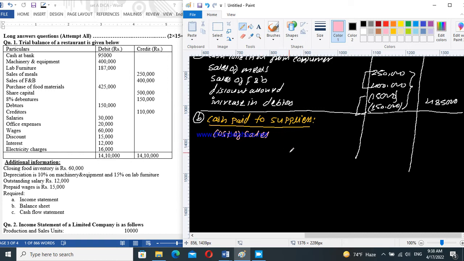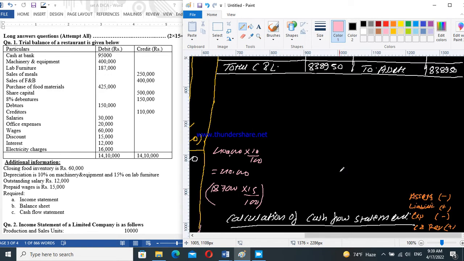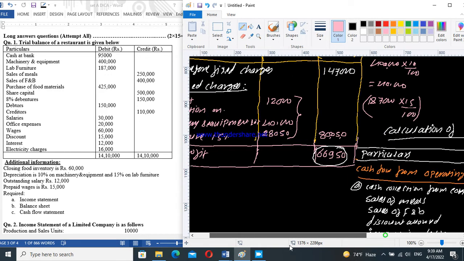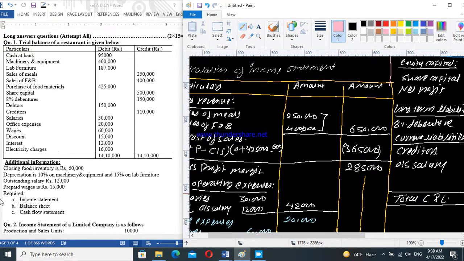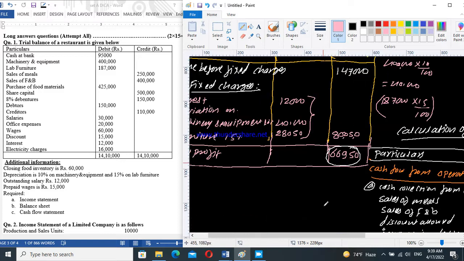Cost of sales is the amount available for sale in our food service operation but not sold. This is already calculated on the income statement. You can see over here, cost of sales is 3,65,000.